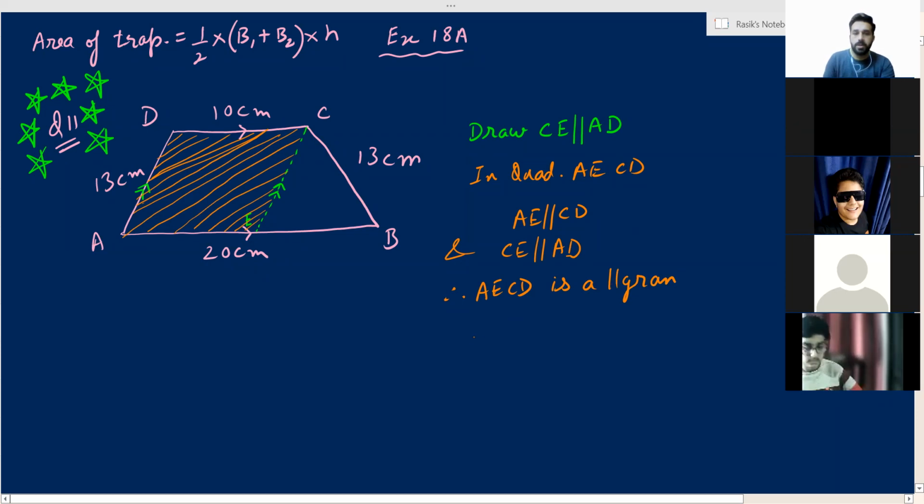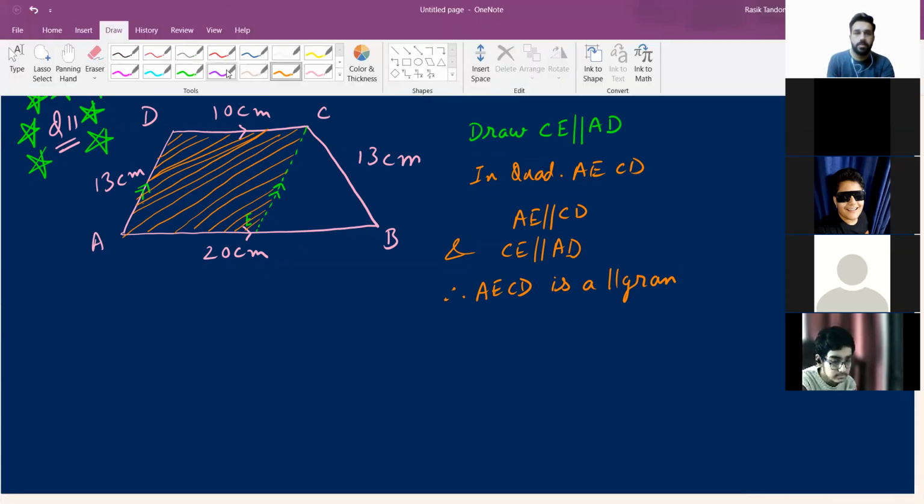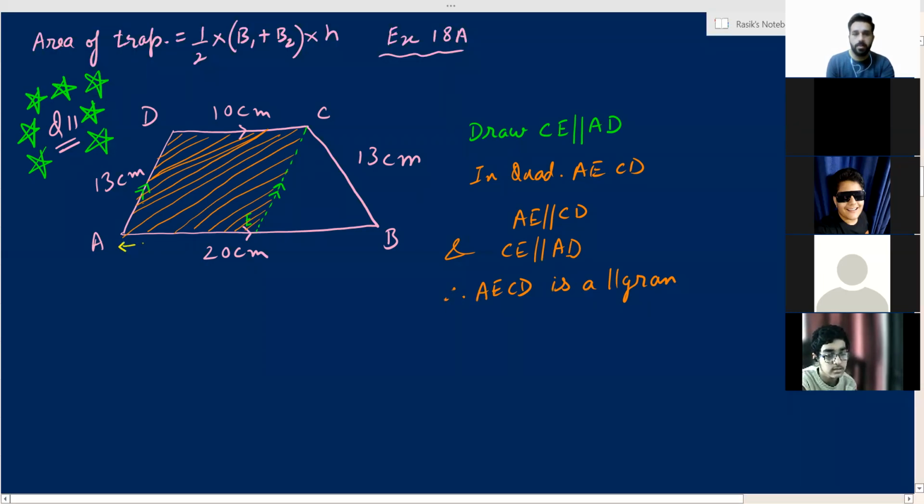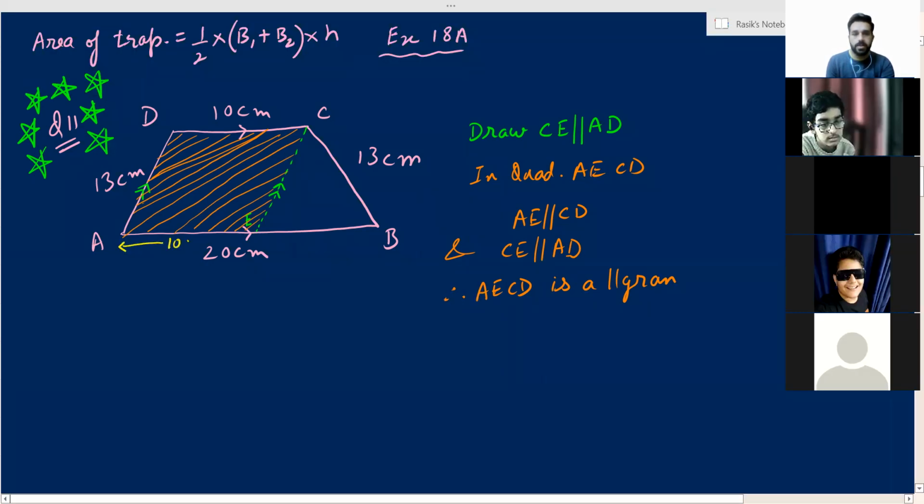Since it is a parallelogram, and we all know that in a parallelogram opposite sides are equal. Can you tell me what is the length of AE? 10 centimeters. AE is 10 centimeters because in a parallelogram opposite sides are equal. Also, can we say CE is 13?